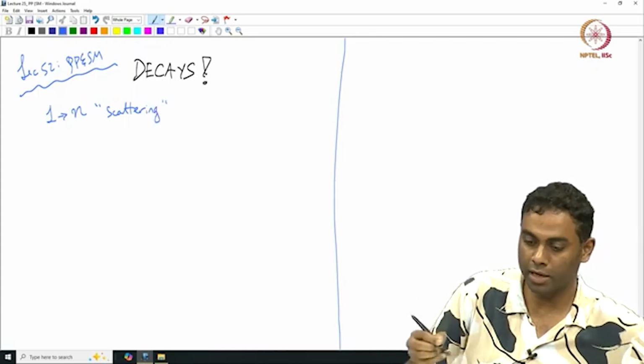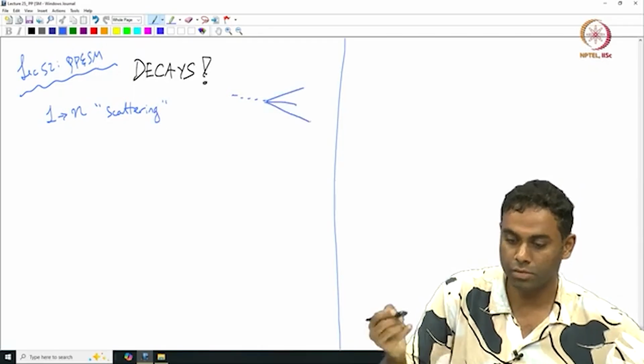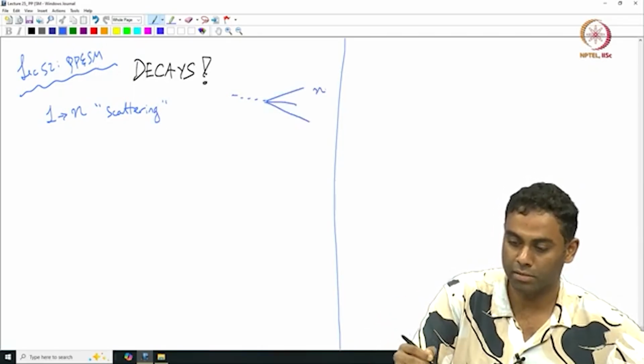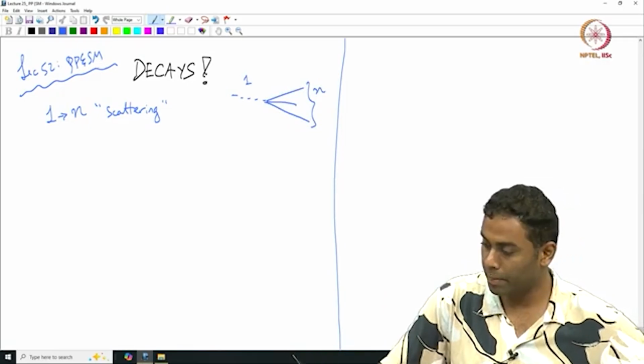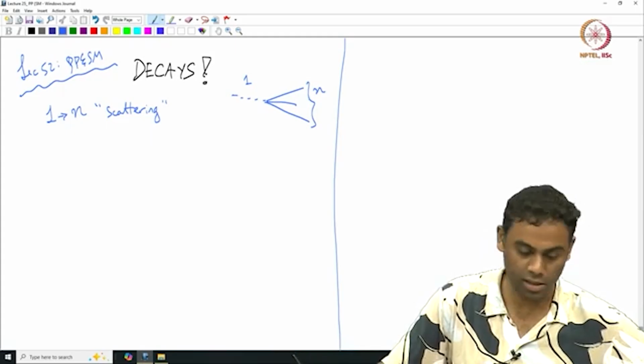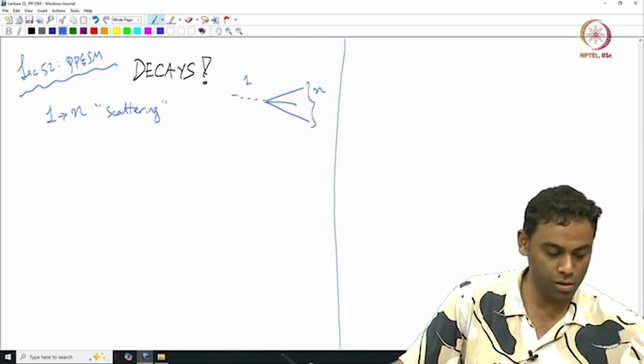What is a decay after all? You have a particle coming along and then it disintegrates into some n number of final states. So as far as deriving expressions for the decay rate is concerned, you can just think of it as 1 to n scattering.